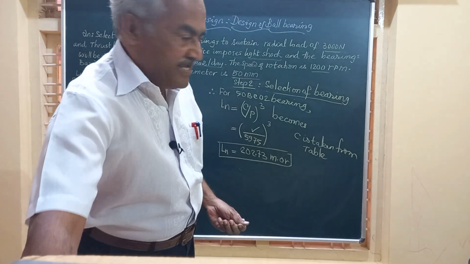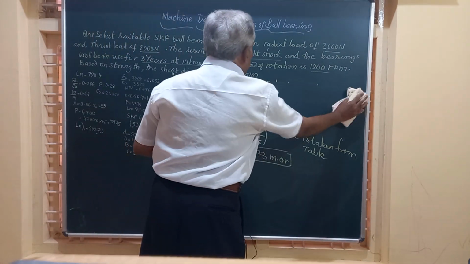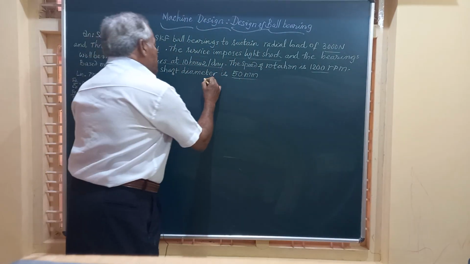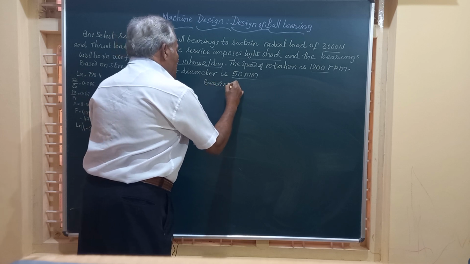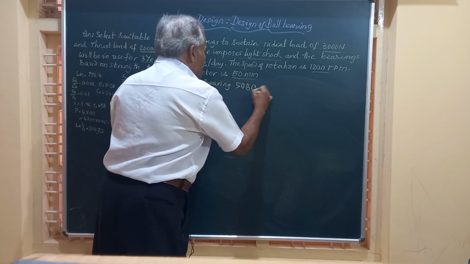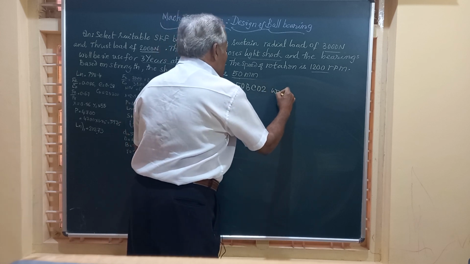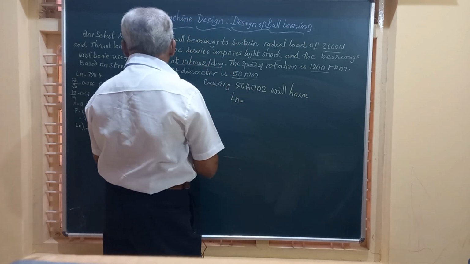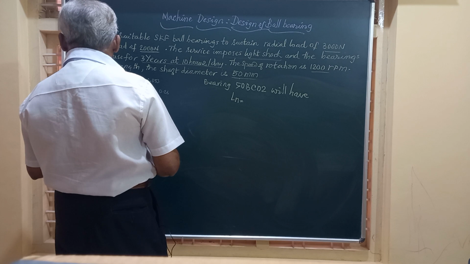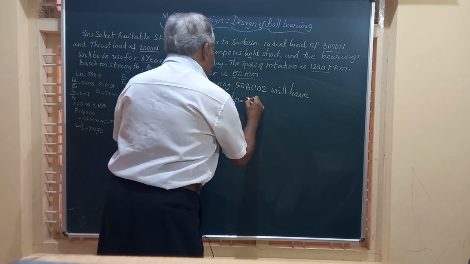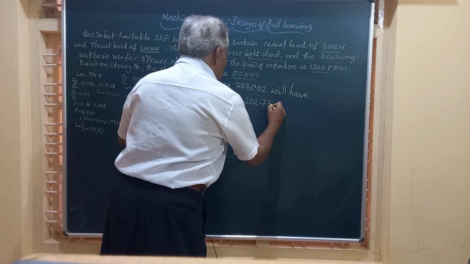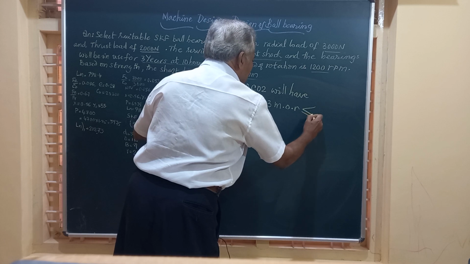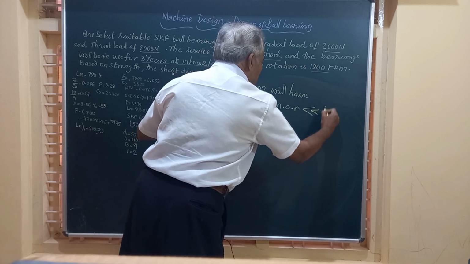Hence we can say that the 50 BC O2 bearing will have Ln equal to 202.73 millions of revolution, which is far lesser than the Ln required.